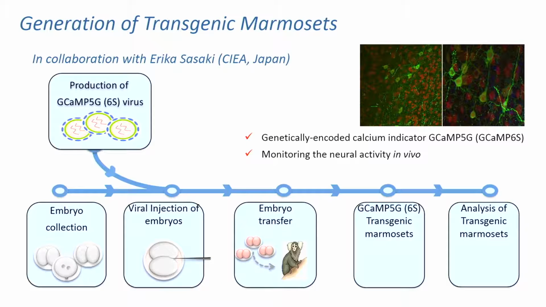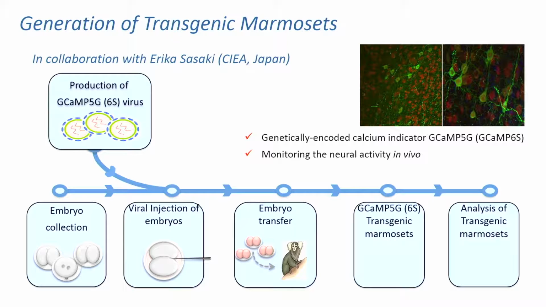But presumably, these levels of expression would be more physiologically relevant, not interfere with the normal physiology of the cells. So because of this, we decided to try the transgenic approach in the marmoset and make marmoset lines that express the GCAMP.